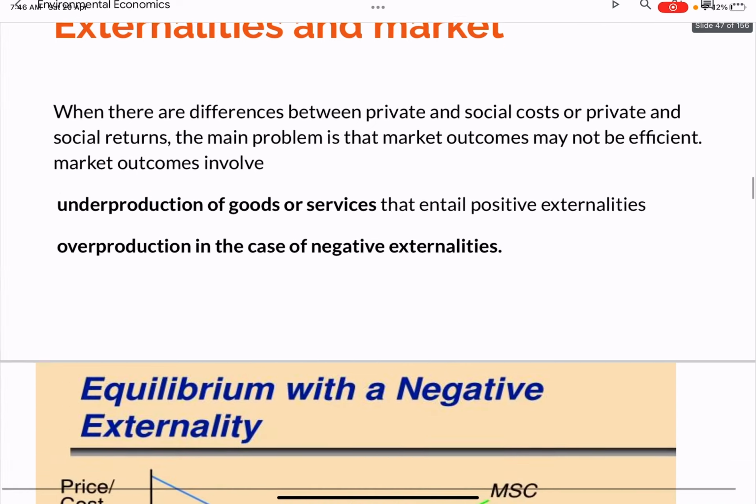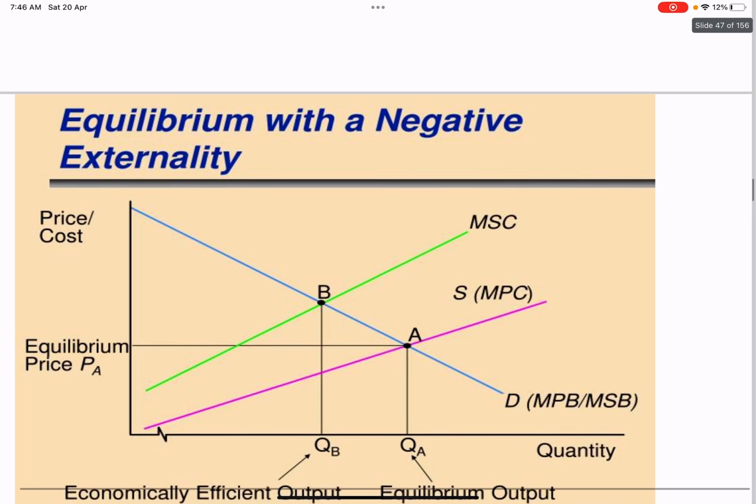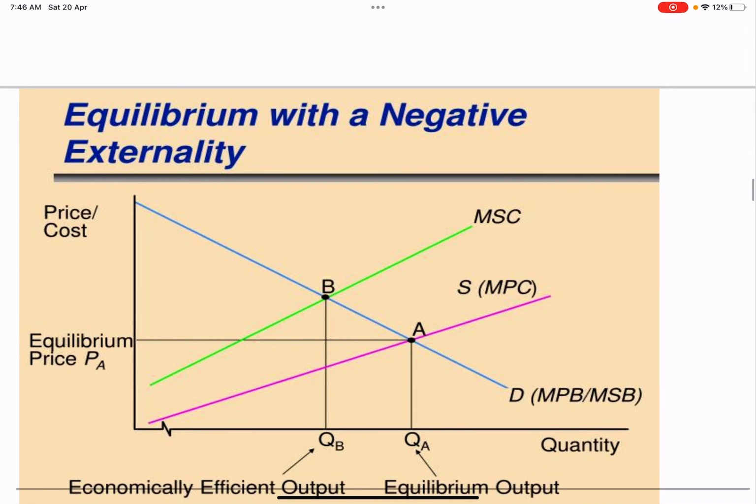So once again, we will have a look at the graph which we had discussed. This is again the same graph, which is basically the demand curve and the supply curve. You see the blue line being the demand curve and the pink line being the supply curve. This is the case of negative externalities, and the point A is the equilibrium in absence of social cost.